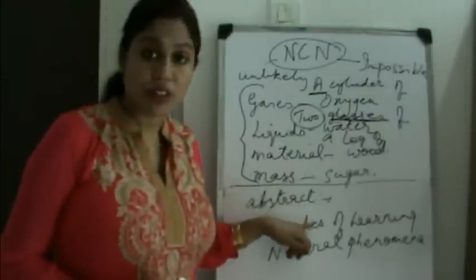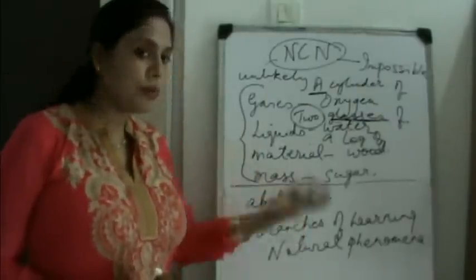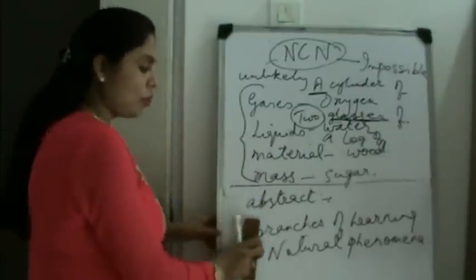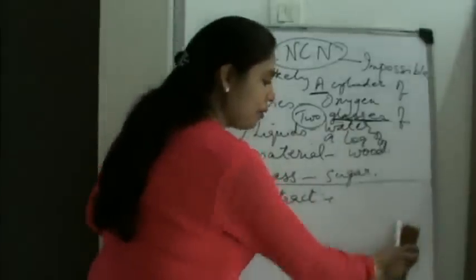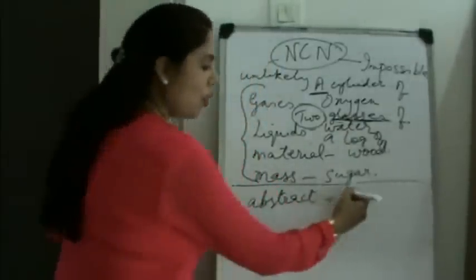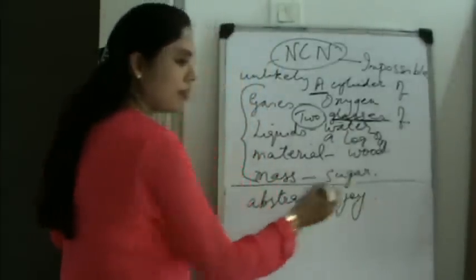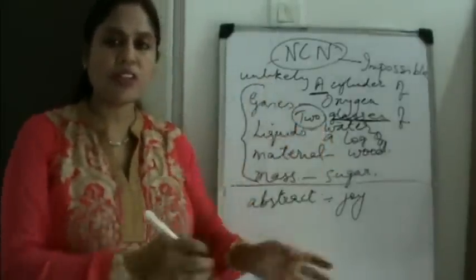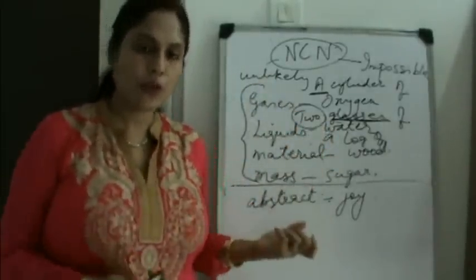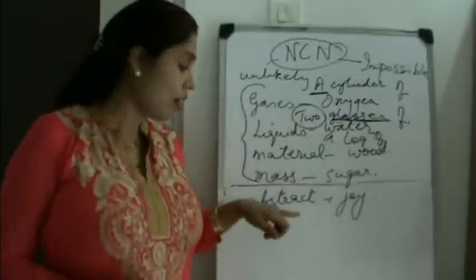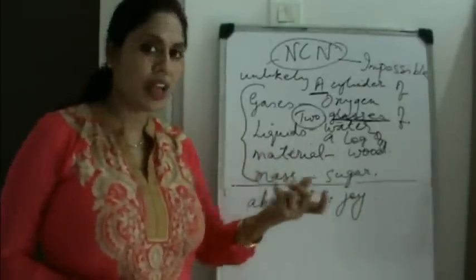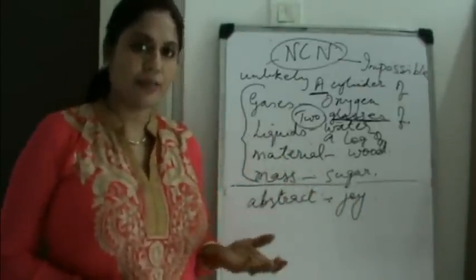Let me come to abstract nouns now. I cannot count an abstract noun, but from the point of view of language, there are some abstract nouns that do have a plural form. For example, I say joy. Life is a combination of sorrows and joys. So joy and sorrow are abstract nouns, but I have given them a plural form. Sorrows and joys. Pains.